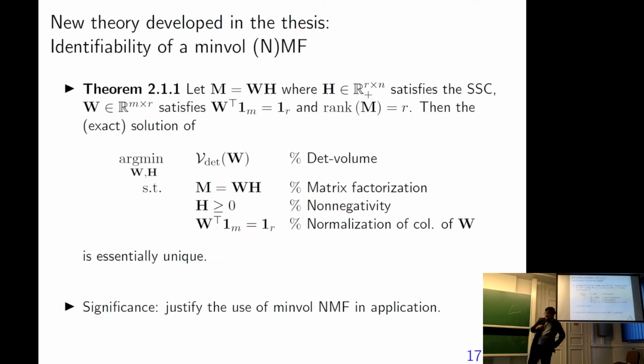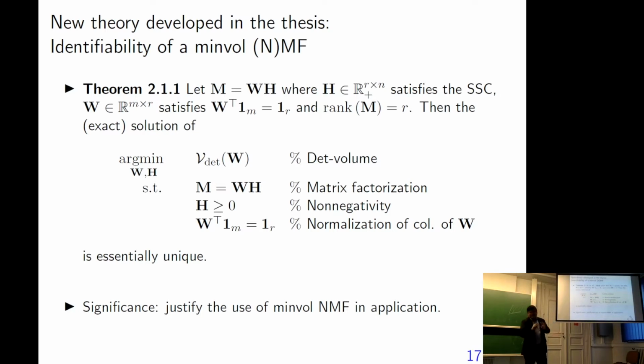In terms of theory, my colleagues and I, one of whom is sitting here, derived a theory basically saying that if you have NMF data M generated by hidden W and H, and you have some conditions, the SSC stands for sufficiently spread or sufficiently scattered.